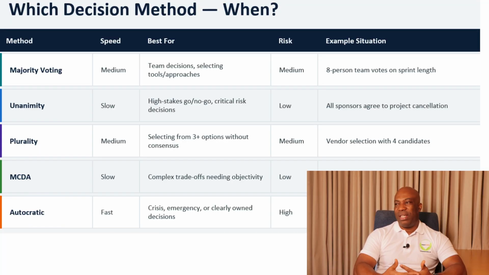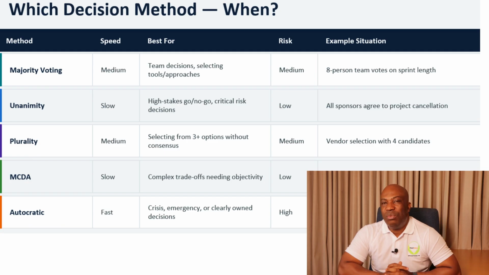So let us look at which decision method to use and by when, as you can see on the screen. When it comes to majority voting, the speed is medium, but it's best for team decisions and also selecting tools and approaches. The risk is also medium. An example situation is where the team votes on a sprint length.